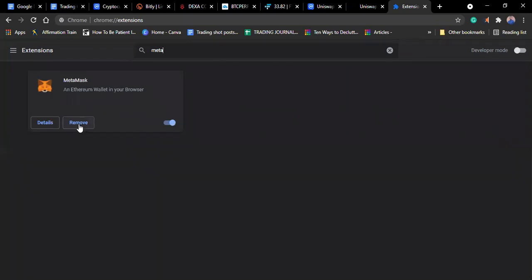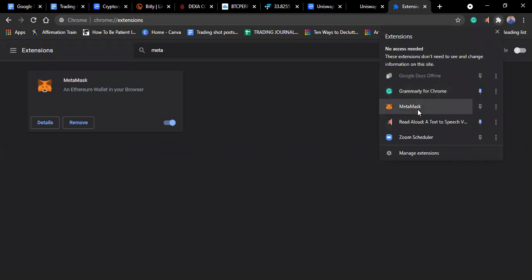But if you don't have it, you just click on add. So this place where you see remove, there should be a button for add. You click on add, then it comes up. So anytime you want to use it, you click on this sign that is here. When you've logged into your Chrome, click on this sign, then launch your MetaMask.